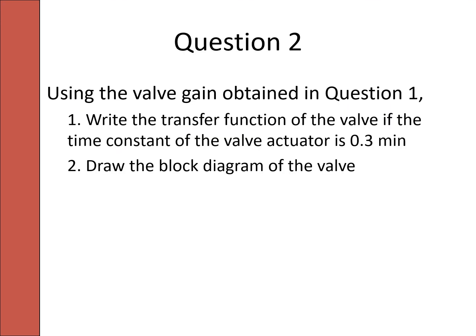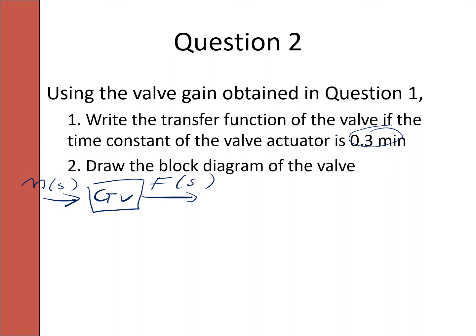So we try to do question number 2. Using the valve gain obtained in question 1, write the transfer function of the valve if the time constant of the valve actuator is 0.3. Now we draw the block diagram of the valve, GV. The flow in is the controller output, and the flow out is the output from the valve, the flow.